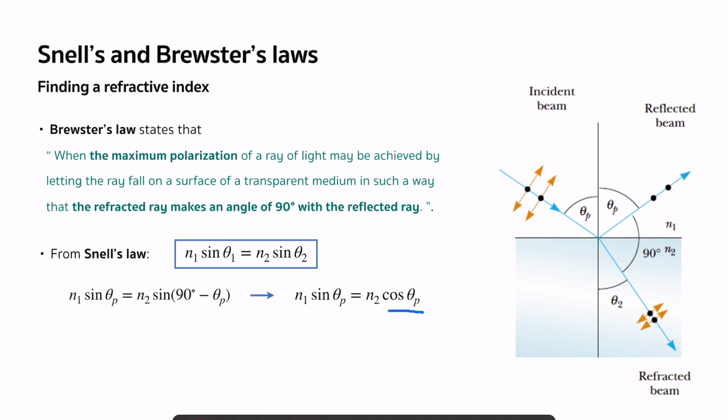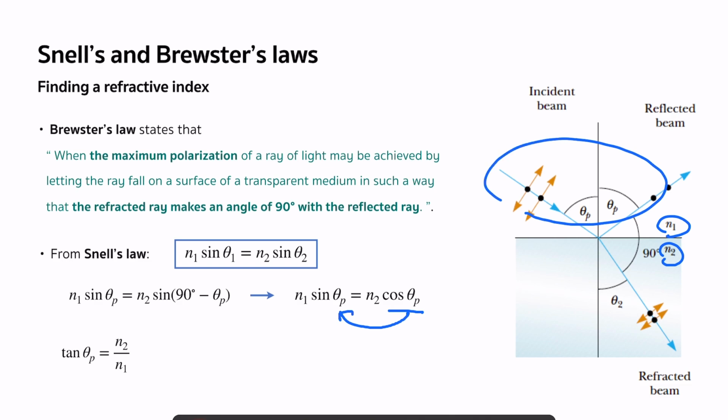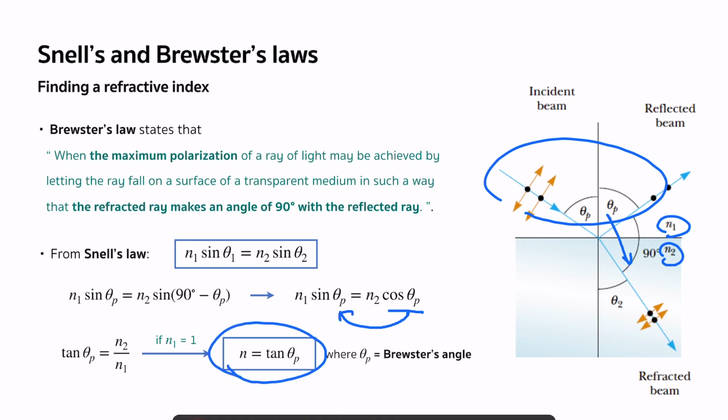Then we move cosine theta p to this side of the equation, and we obtain that the tangent of the incident angle is equal to the ratio between the refractive indices n2 and n1. And if the light initially moves from air to another medium, we get n1 equal to 1, right? And then we will get a simple equation like this, where theta p is called the Brewster angle.